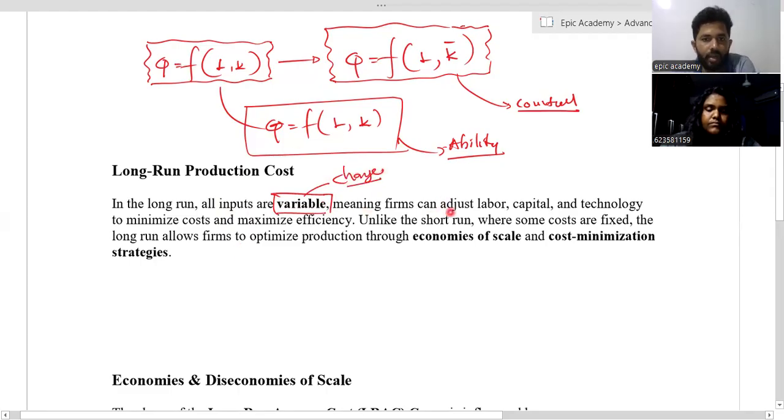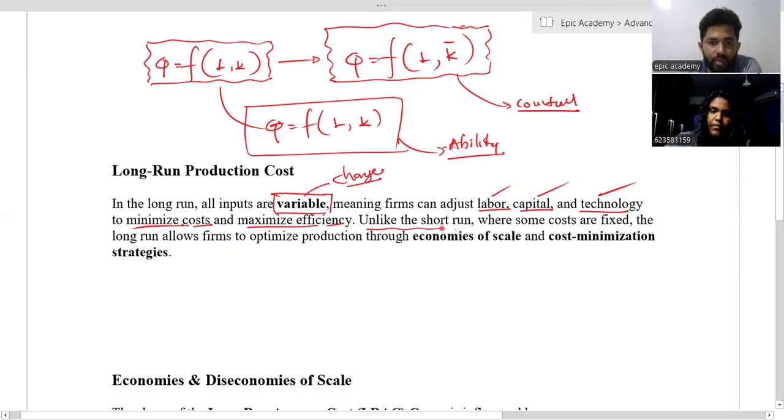Meaning, the firm can adjust labor, capital, technology, everything to minimize the cost and maximize the efficiency. If they expect to minimize the cost and maximize the profitability or efficiency of the production process, they can change the labor, capital, technology, buildings, everything.